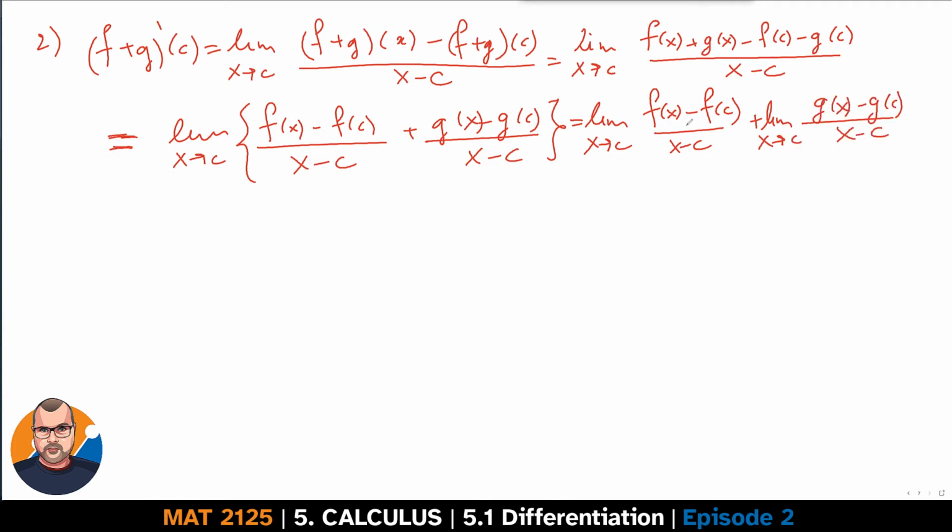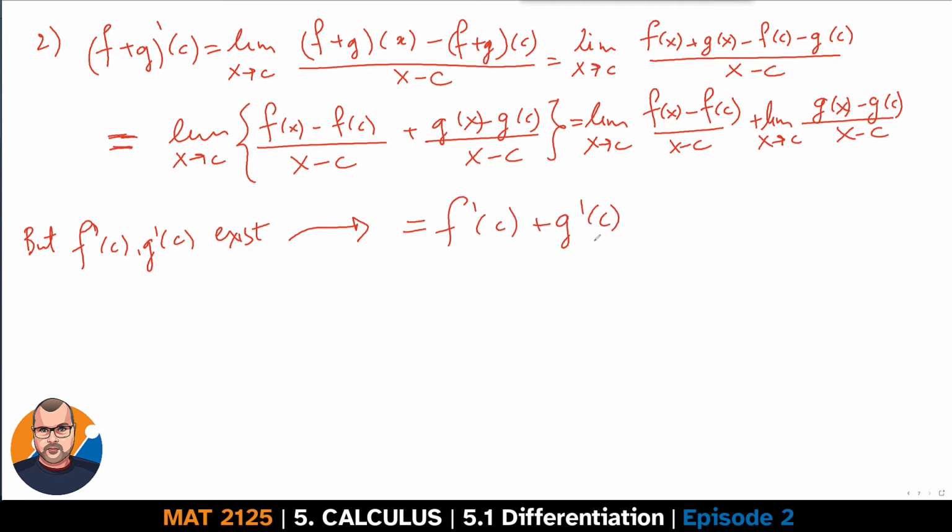But we know that these limits exist because f and g are both differentiable at c, so these limits individually exist, in which case the limit of the sum of the differential quotients exists, which means that this limit also exists, and it has to be equal to, by definition, f prime at c plus g prime at c, the derivative of f at c plus the derivative of g at c.